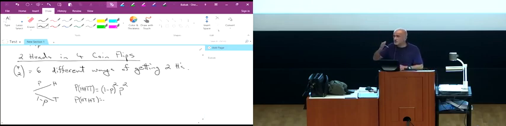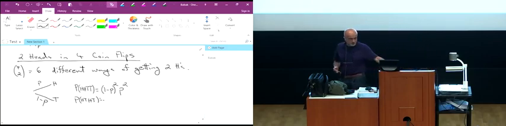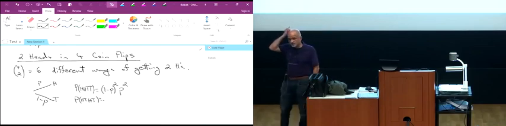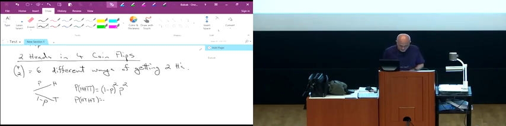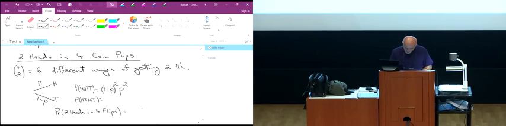In fact, all those 6 different arrangements of the heads and tails has the same probability. So the probability of 2 heads in 4 flips is 4 choose 2 times the individual probability of each of the arrangements. Okay?